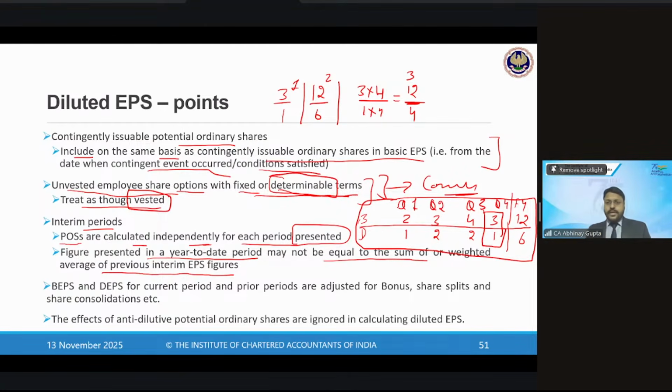Okay, forget about Ind AS. Under IGAAP, have you ever seen that EPS and diluted EPS for 2 quarters or 3 quarters or 4 quarters are aggregated or summed up in order to come up with the EPS or diluted EPS for the year? No, right? So never.